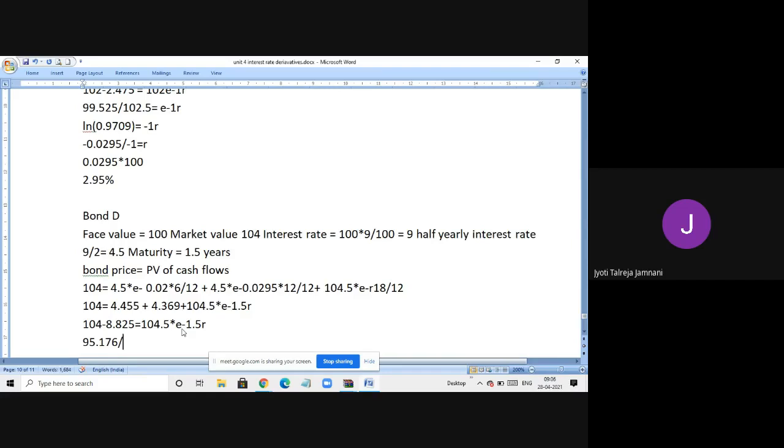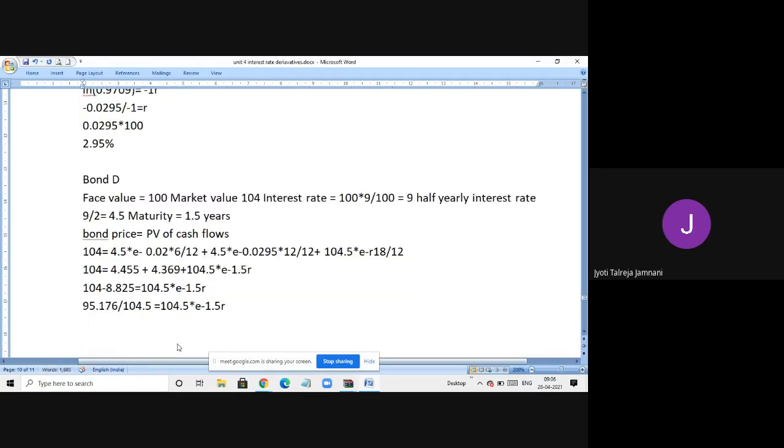If I take that 104.5 to this side, 95.176 divided by 104.5 is equal to e raised to minus 1.5 r.